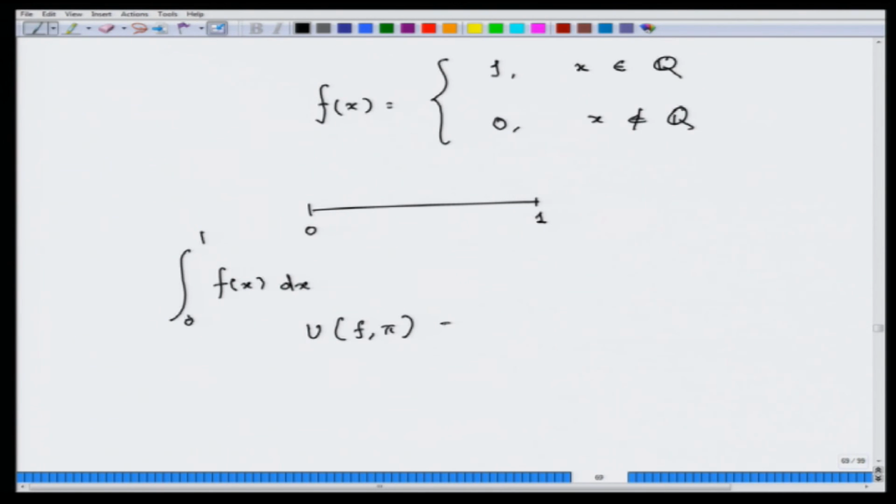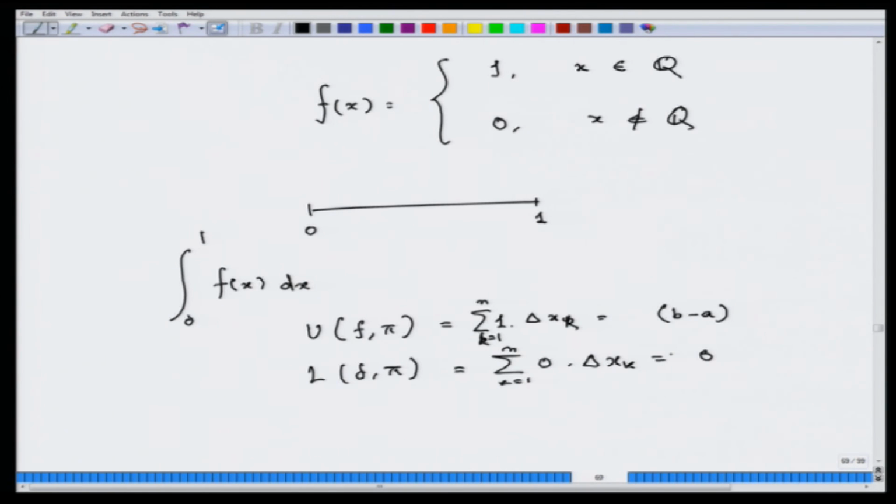is nothing but 1 times the summation of Δx_k over k equal to 1 to n. So, if you sum over the partition, it will give you b minus a, but when you take the lower sum, it will always be 0 times Δx_k, which is 0.